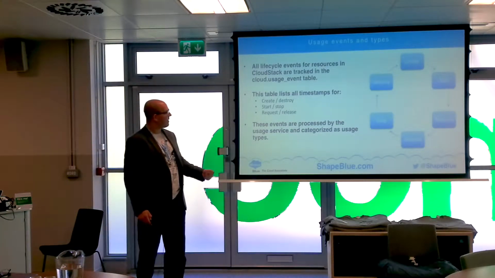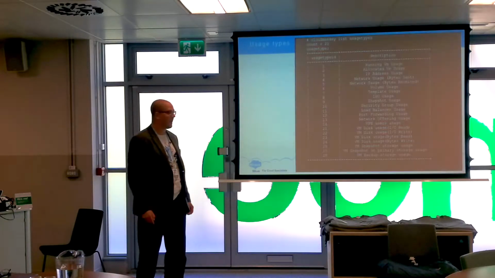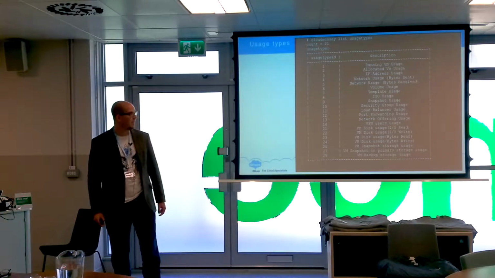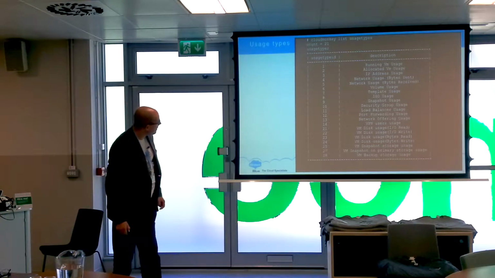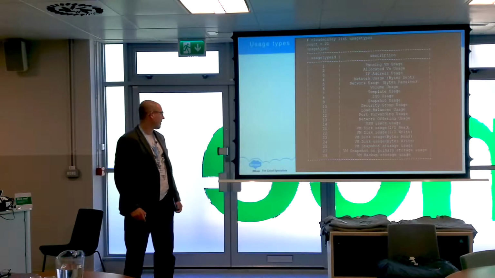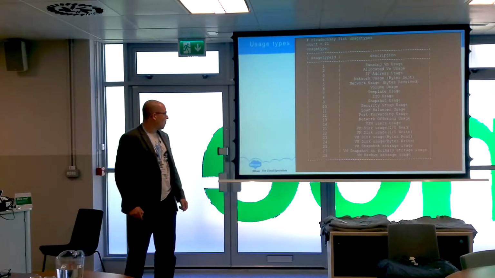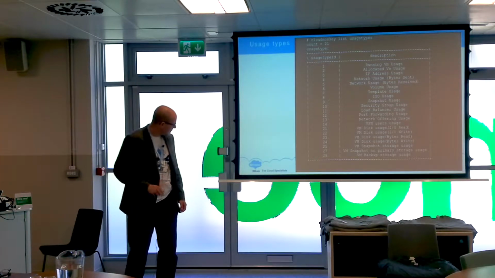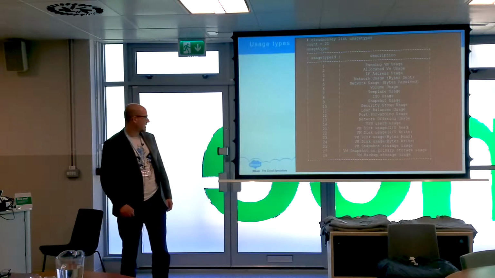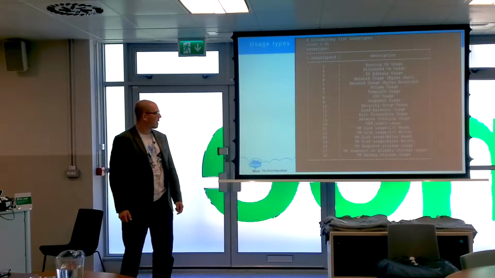The way we do it in CloudStack, we categorize these events in usage types. Paul briefly mentioned this during his backup and recovery talk. We have something like 20-odd usage types at this point in time. The bottom one here is from one of Paul's test environments, which does start taking into account the new backup and recovery framework.